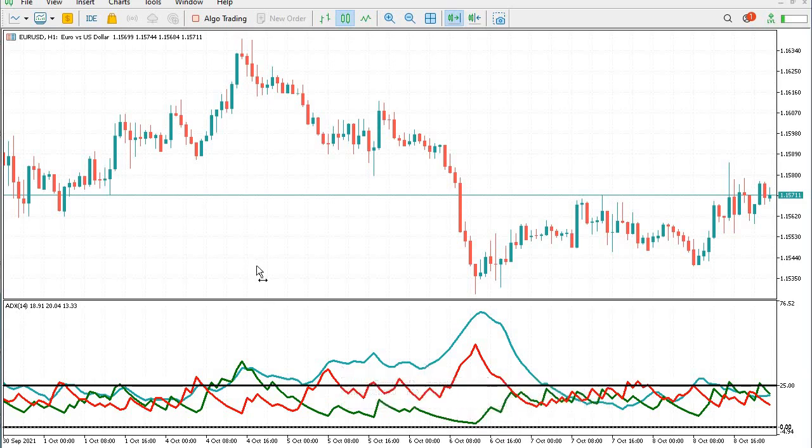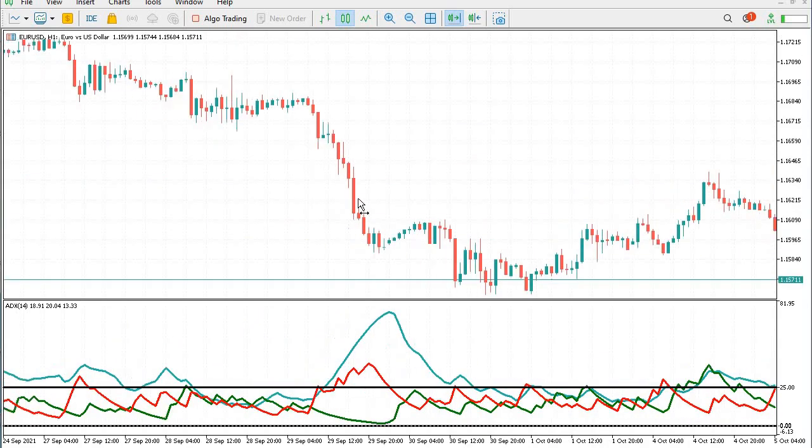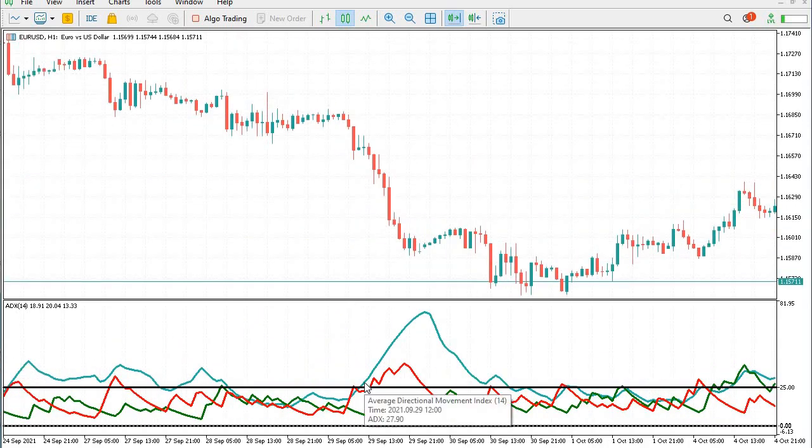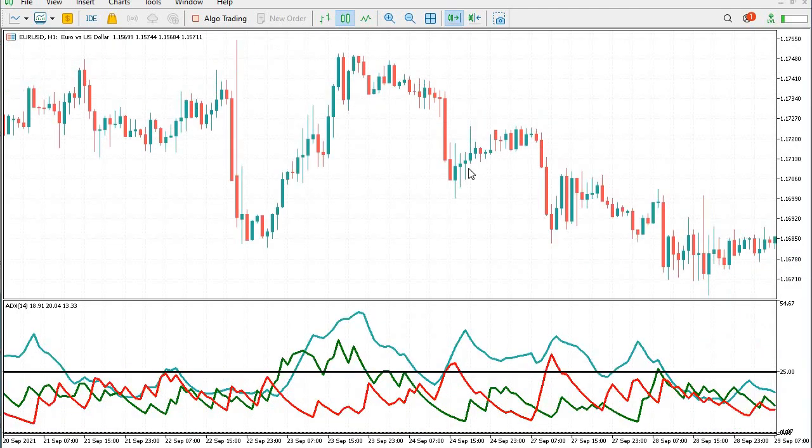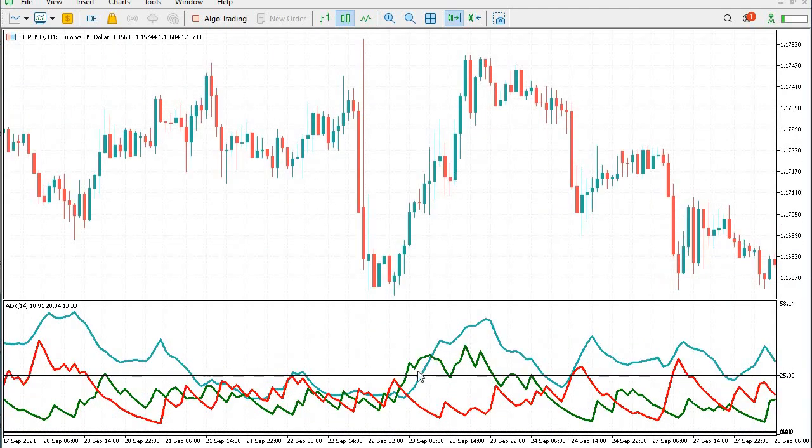So whenever this blue line is above my 25 level, of course you can make this level 30 or whatever, but for example, let's take it like this. Whenever this blue line is above the 25 level and the green line is above the red line, it's a buy signal.